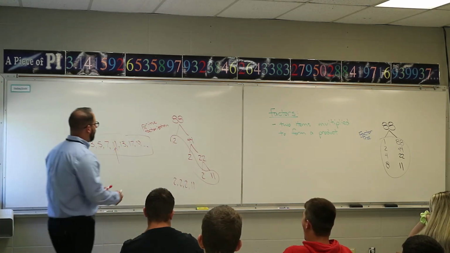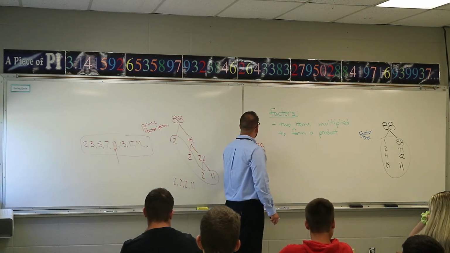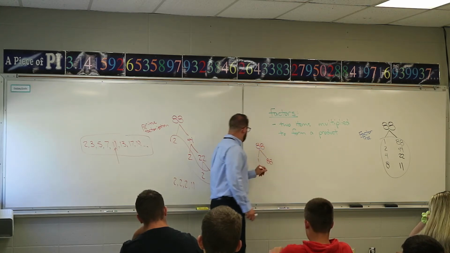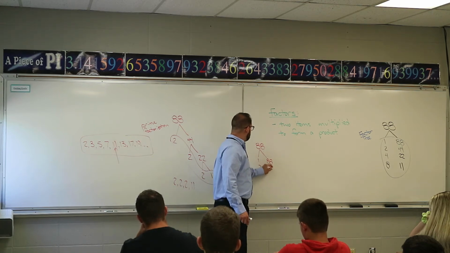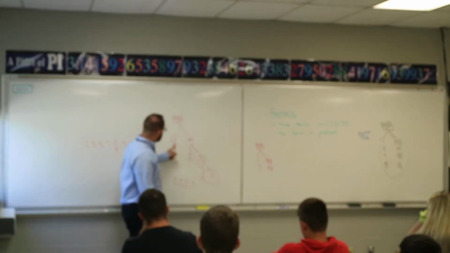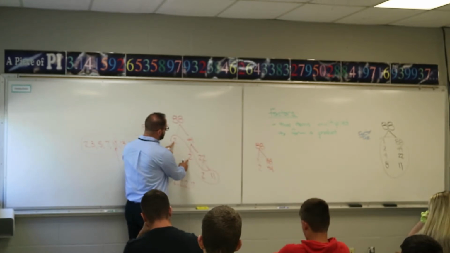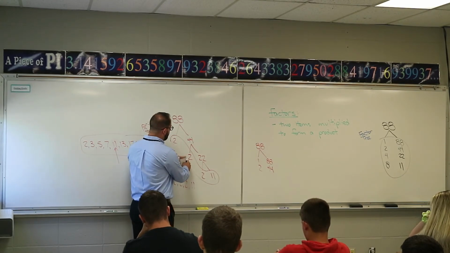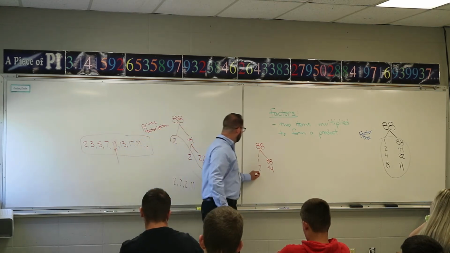So, how do I know that? 1 goes into everything, so 1 and 88. 2 went into it, so 2 and 44. Now, I've already done 2, so the next number I would try is I would multiply these together. So I get 4, right? If I multiply these 2, because I have 2 2s here, that's 4.